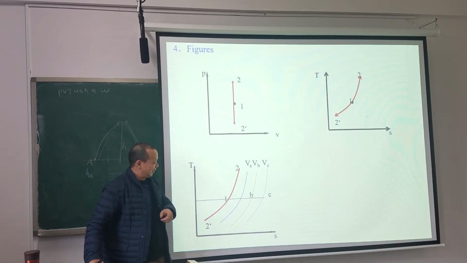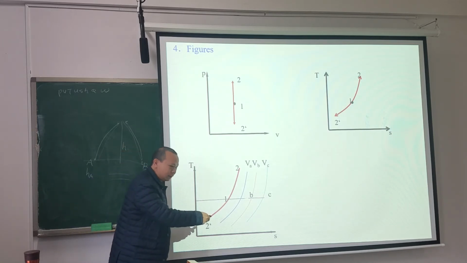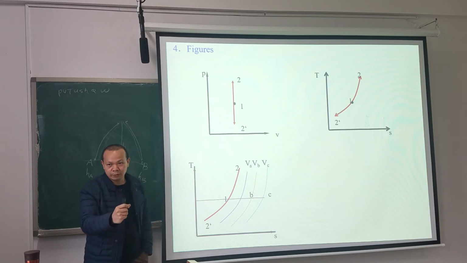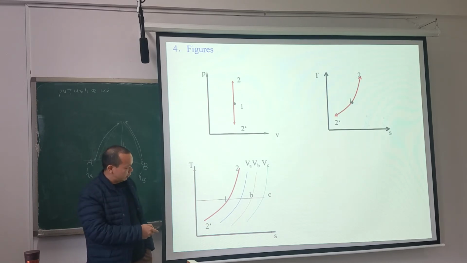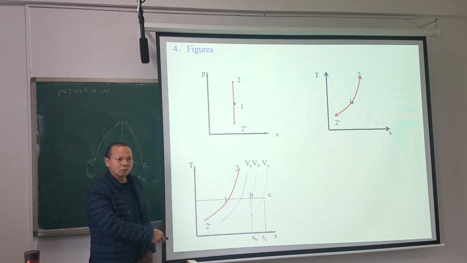Now, do you know what this line is? This line is a constant temperature line. And let's try to calculate SC minus SB. Do you know how to calculate SC minus SB?